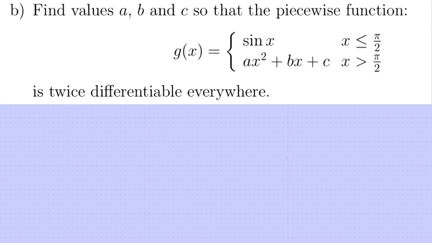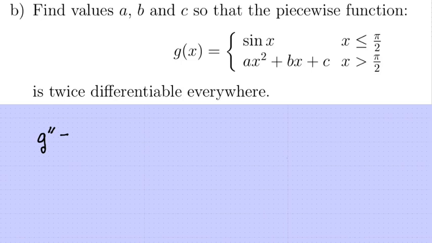So the easiest thing to do for these types of problems, we want to find constants a, b, and c so that this is twice differentiable. So the easiest thing to do is start with the second derivative, because when you take derivatives of that quadratic, some of the constants will go away. So we'll start by taking g double prime.